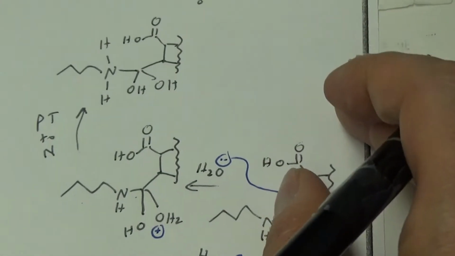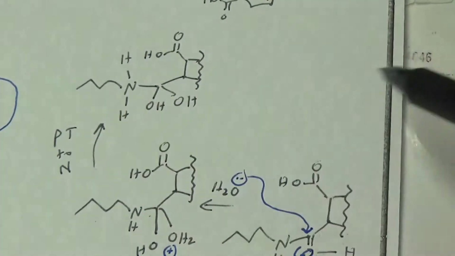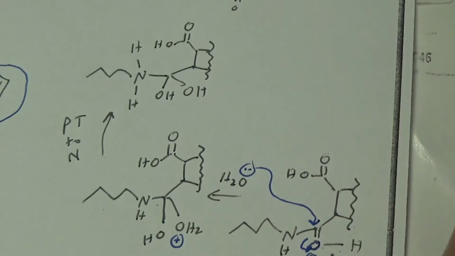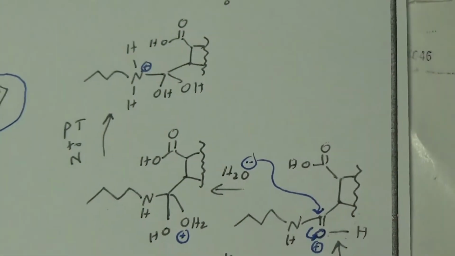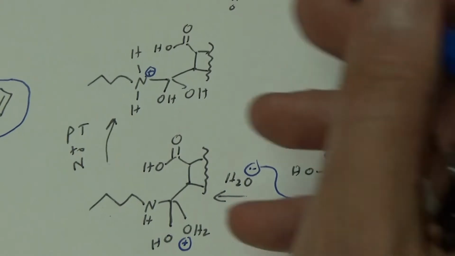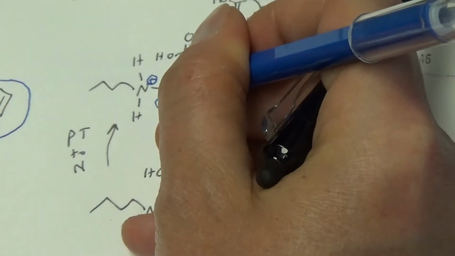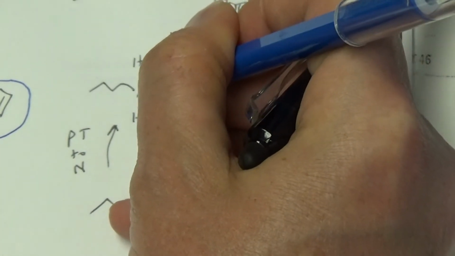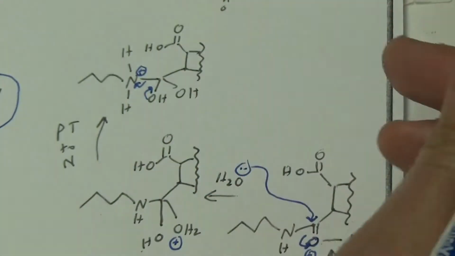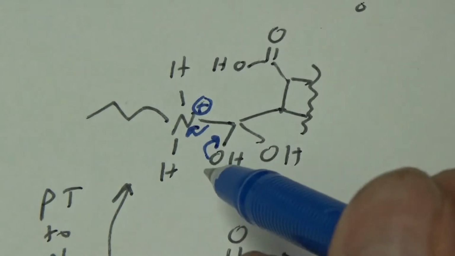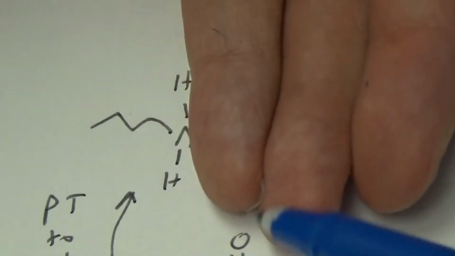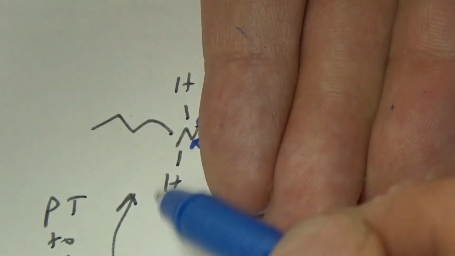Okay, we PT'd to nitrogen the second time. What's missing? Something's got to be missing. And now it's the charge on nitrogen yet again. Okay, and now we're basically done. All we gotta do is kick off the nitrogen. Use one of those OHs and kick off the nitrogen, and that'll create the amine, right? That'll create what we want, the primary amine.